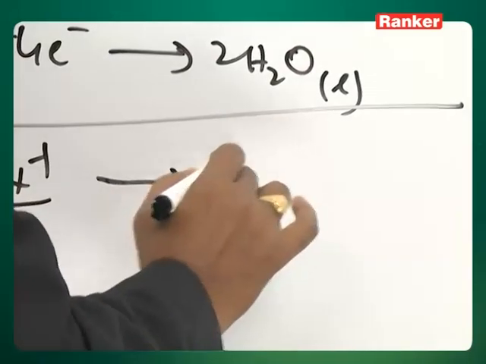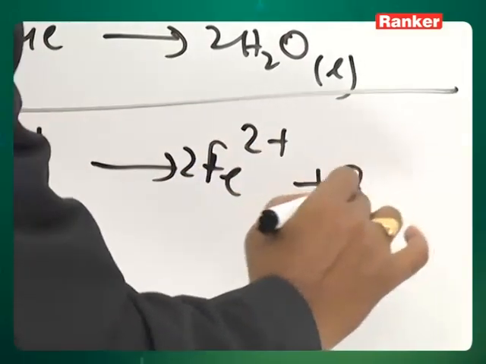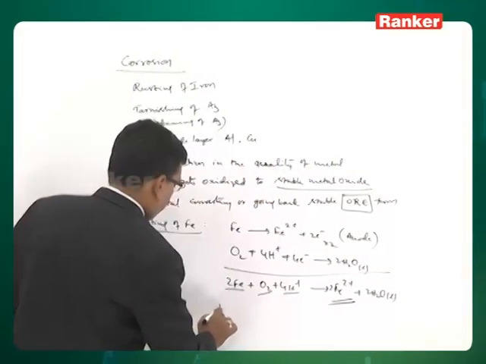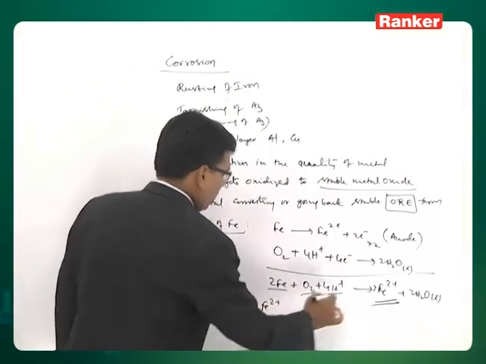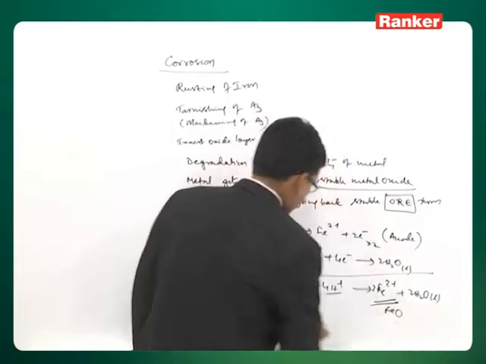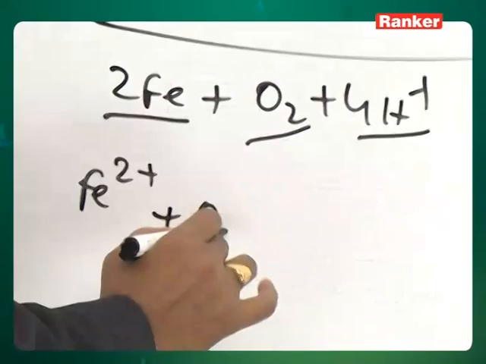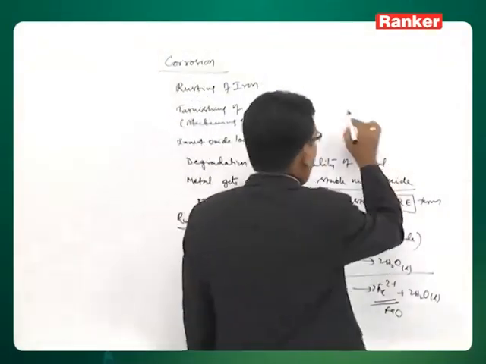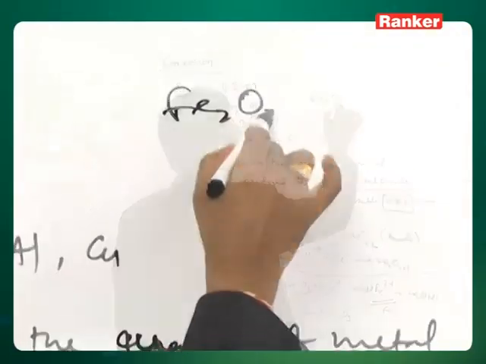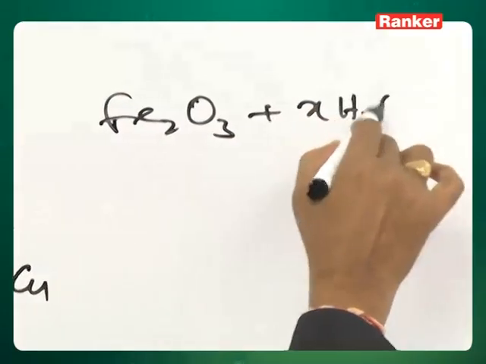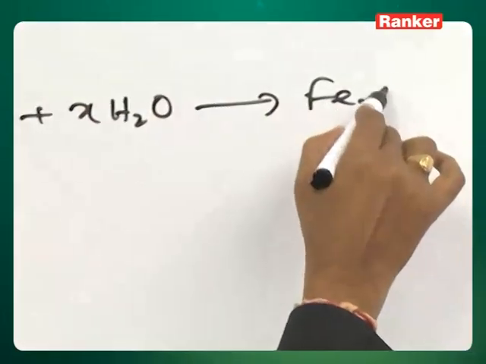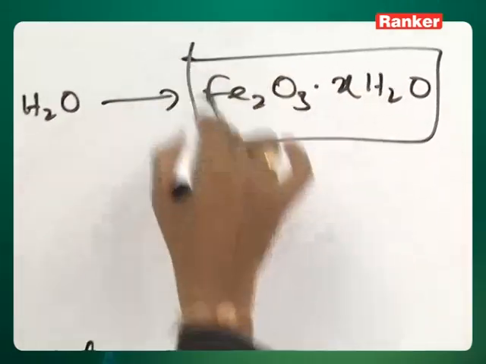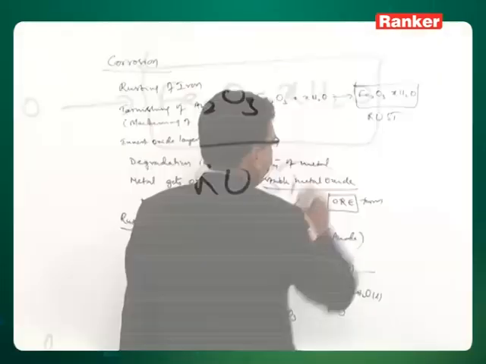Fe2+, and this Fe2+ is FeO. This FeO or Fe2+ further reacts to give Fe2O3, and the Fe2O3 with water changes to hydrated ferric oxide. Finally, this is what is called rust.